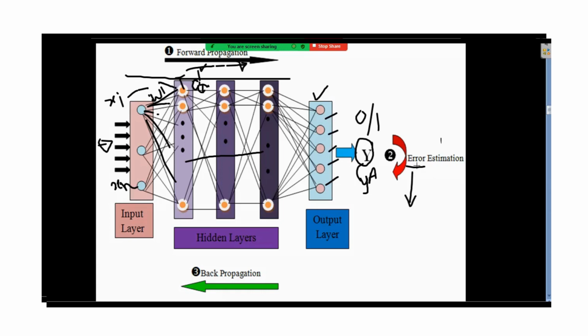To reduce this error, what you observe is your whole task is based on the scalar product xi wi and threshold. Here xi is the input which is obtained from the dataset, which we can't change. Threshold is also generally constant, but the thing that we can modify is the weight.